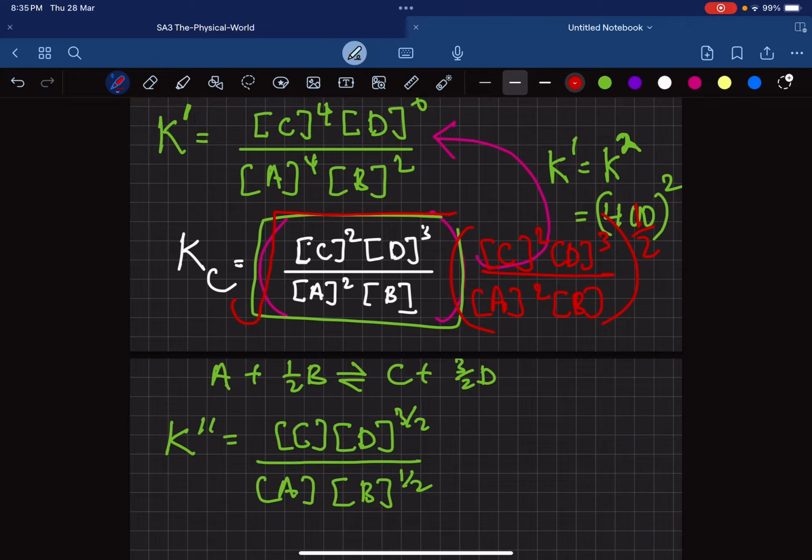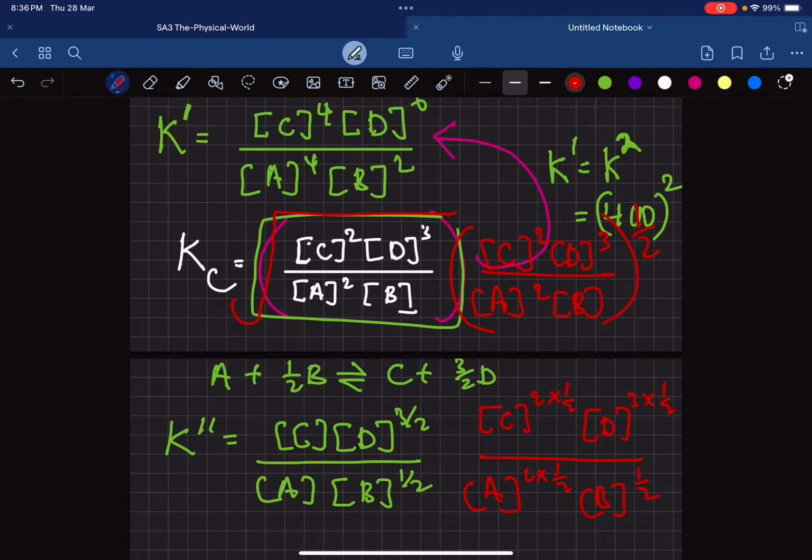So C is 2 times half, D is 3 times 1 over 2, A is 2 times half, and B is to the power of half.